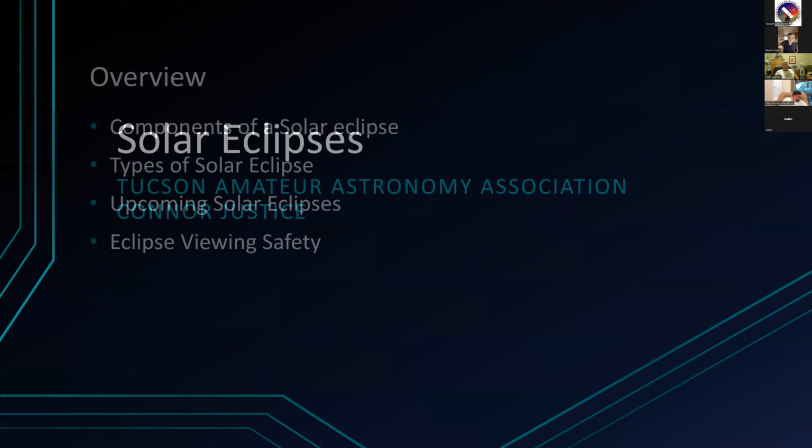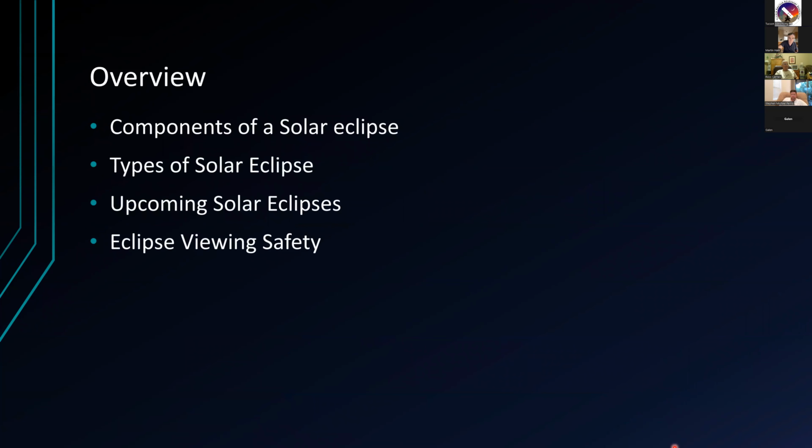So the bulk of this presentation is divided into a couple of different parts. The majority of it will be spent talking about the various components of a solar eclipse. This includes all the varieties, not just the total solar eclipse. So annulars, hybrids, and partials. Then we'll briefly touch upon some of the distinctions between the different types of solar eclipses, which I just mentioned.